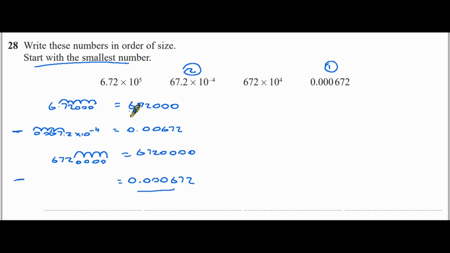We then have 672 with 3 noughts. That becomes the third one in our list. It was the top one, so that is 3. And then we have 672 with 4 noughts. Therefore, that is the biggest number. So that is the numbers in the correct order: 1, 2, 3, 4.